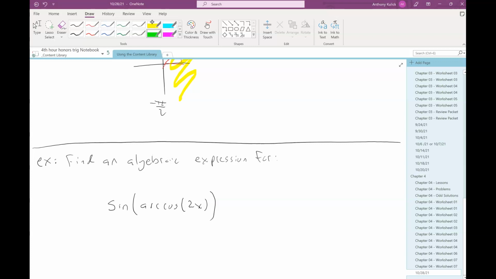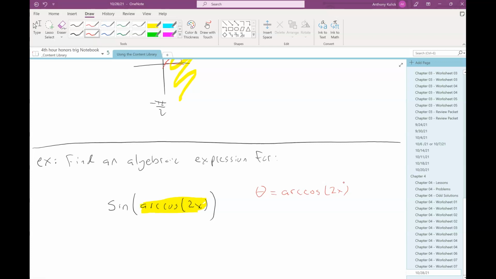The trick on a problem like this is you're going to want to work from the inside out. So arc cosine, or any inverse trig function, gives us an angle measure, right?